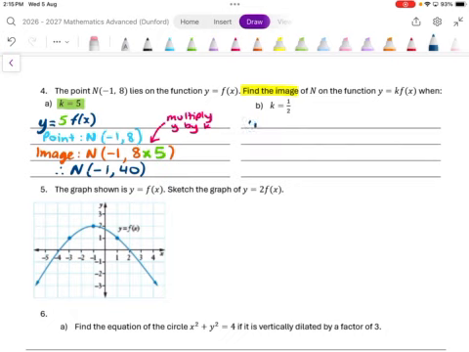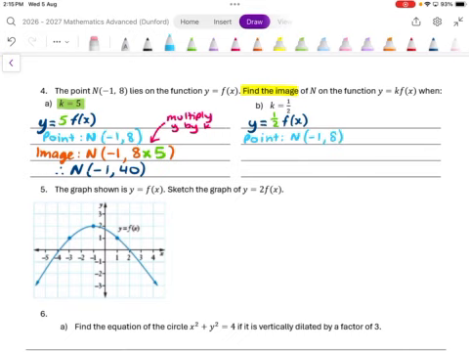Okay, the next one, we have k equals a half. So we'll have y equals a half of f of x. The same thing, we have our point N is negative 1, 8.